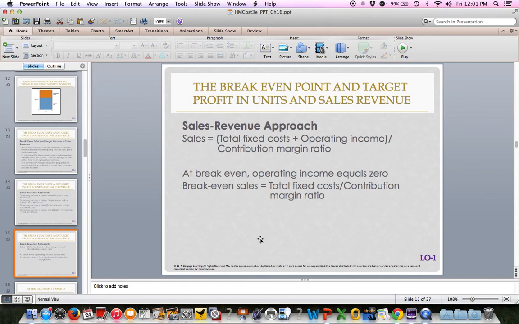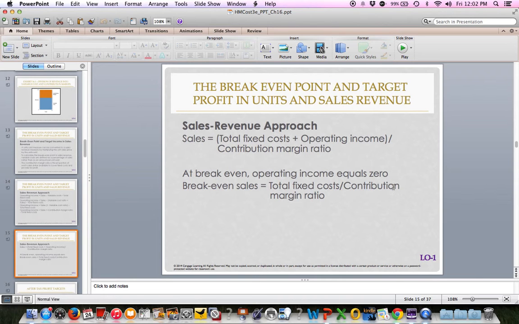Okay, so we just went through a whole bunch of stuff to simplify down to what I think is the most important part of this, which is right here. I want you to think of it this way. Break-even in units is fixed cost divided by contribution margin per unit.